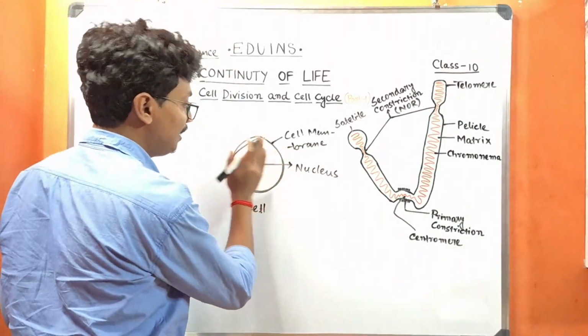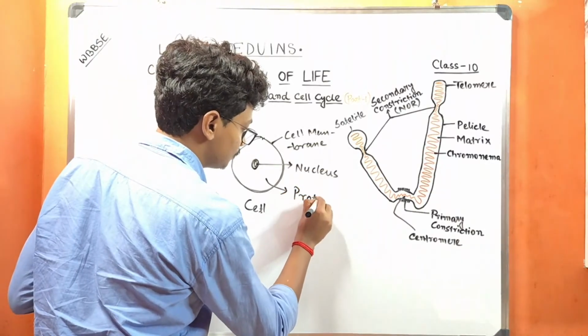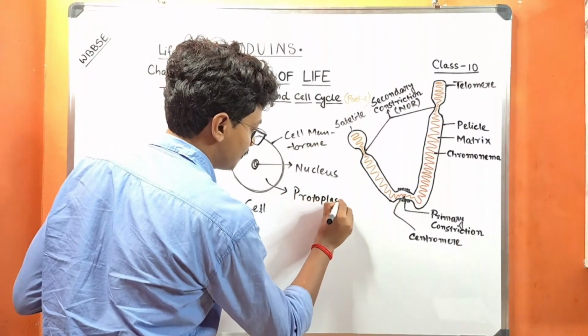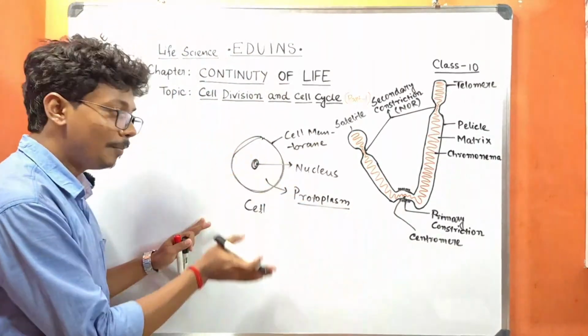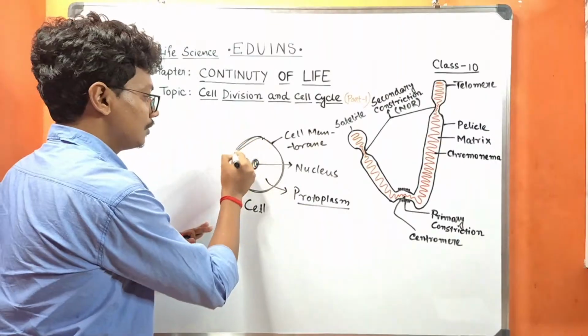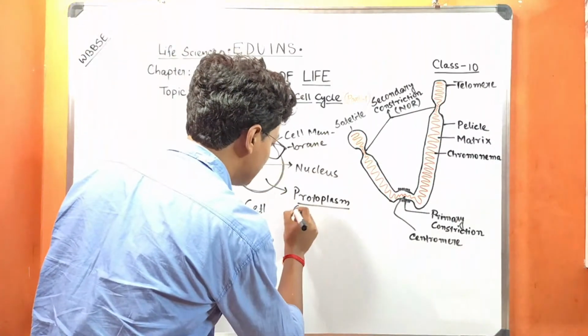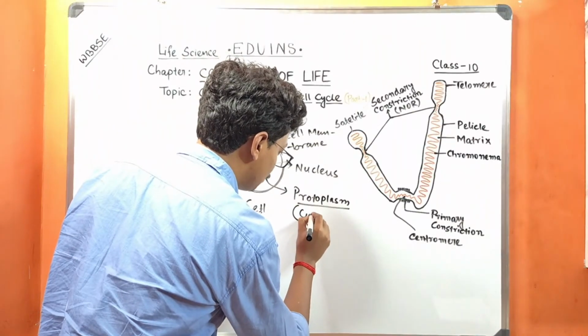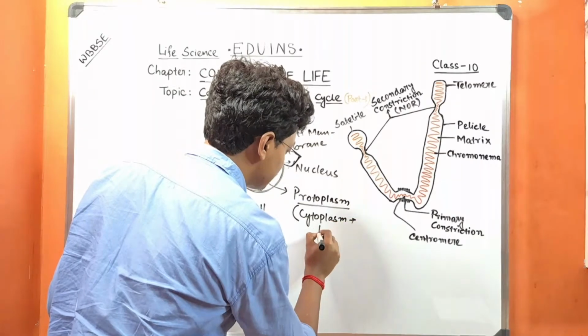Inside the cell membrane, this part is known as protoplasm. This protoplasm contains the matrix part as well as the nucleus. So protoplasm consists of cytoplasm plus nucleus.